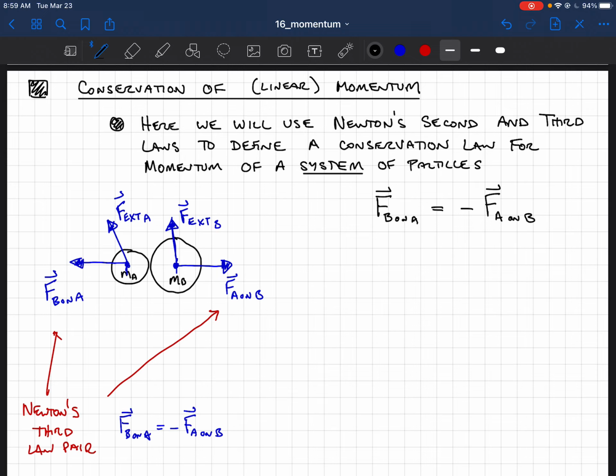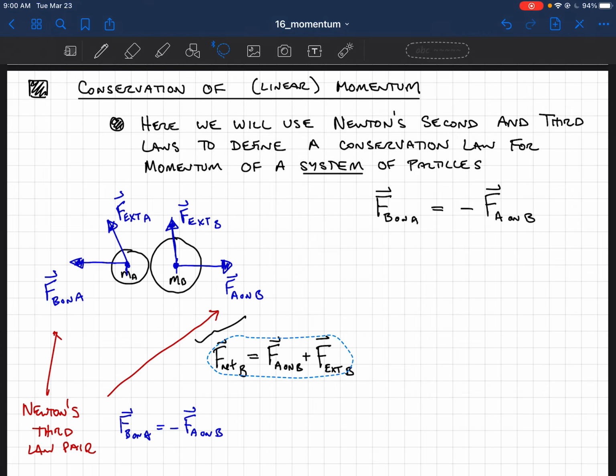Now, if we write down the net force for one of these objects, so let's talk about B. The net force on B can be written as that interaction force, FA on B, plus everything else. Like that, right? So why do I do that?